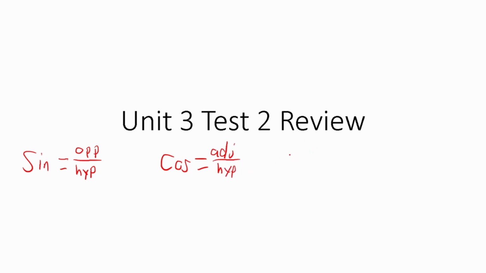And finally, we have our tangent ratio, which is opposite over adjacent. Awesome. Now, to remember this, a little mnemonic phrase, something you could say to yourself to help you remember it, is SOHCAHTOA.